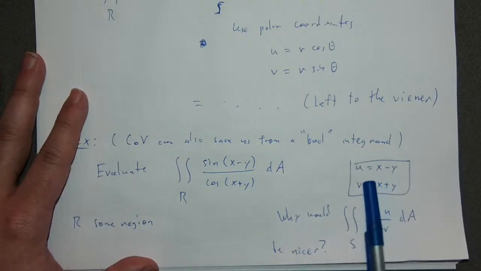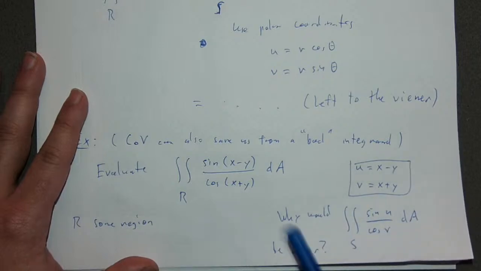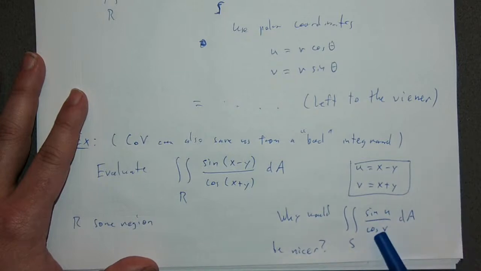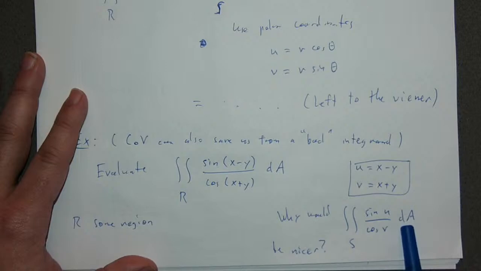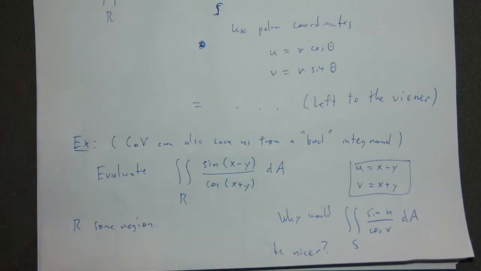But if I do a change of variables where u is x minus y and v is x plus y, then when I rewrite this expression and go through this whole process, in my integrand I have sine of u over cosine of v. So when I do this double integral, if I have a du or dv first, I can integrate each of these terms one at a time.